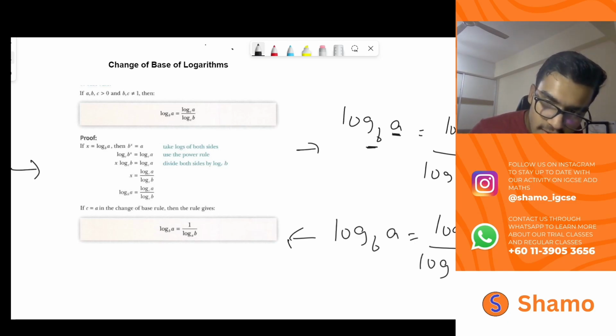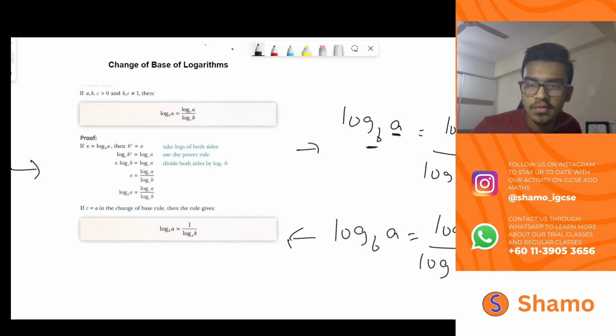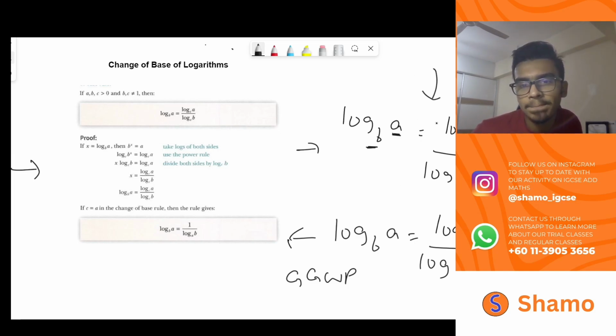And log base a of a is just 1, so 1 over log base a of b. Well played. Not bad, right? Just memorize this one formula, and this second formula is basically derived from that. And an easy way to remember the first formula is log bar is equal to log car log curve.